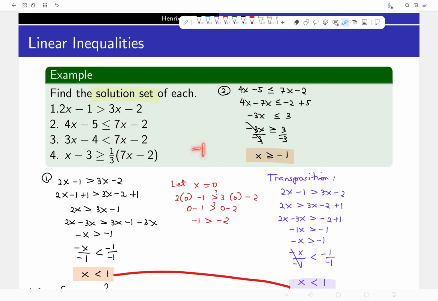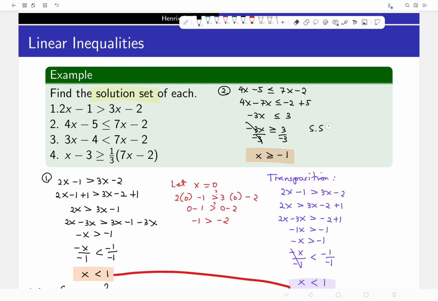Negative 1, greater than negative 1, so 0, even negative 0.99, even 1, 1.5, and so on and so forth. Any number that is greater than or equal to negative 1 is a possible value of our x.